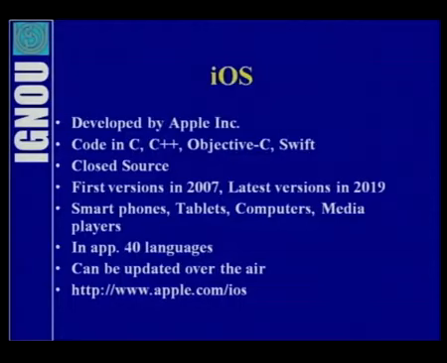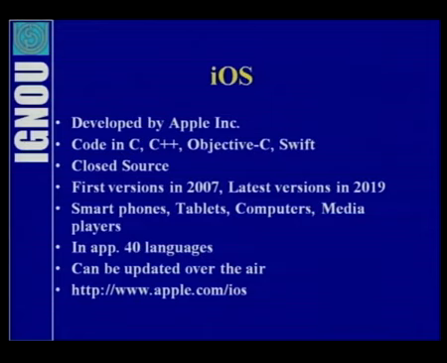So its code is not available in public. The first version of iOS was released in 2007 and the latest versions were released in 2019. And in fact, I find new releases of iOS very frequent, as well as new major versions. It is again used in smartphones, tablets, computers and media players.